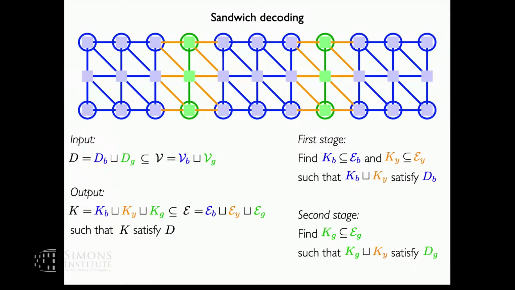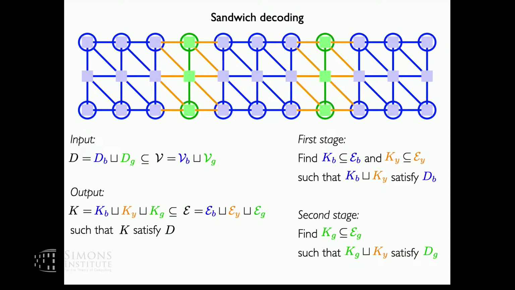The first stage is we don't care about the things going on at the green vertices. We also don't care about whether they're satisfied or not. So we only want to find corrections, meaning the blue edges and yellow edges, such that the blue vertices are all satisfied. So we just satisfy all the blue vertices in the first stage.